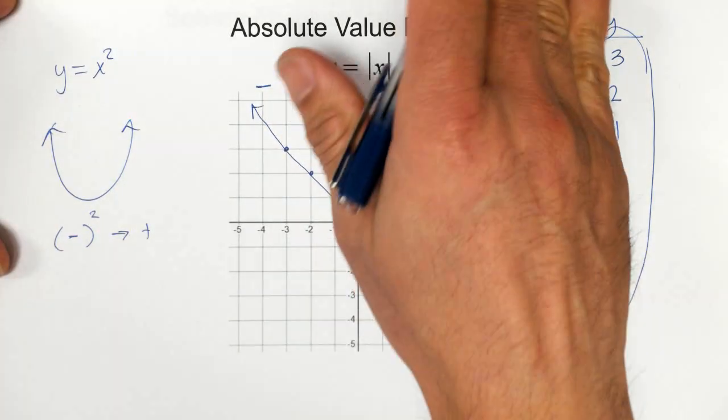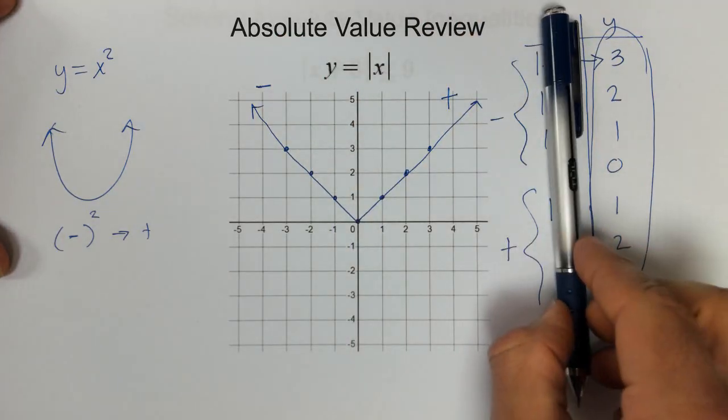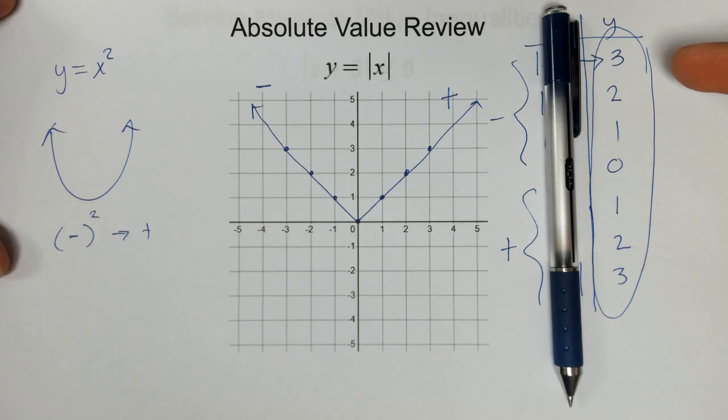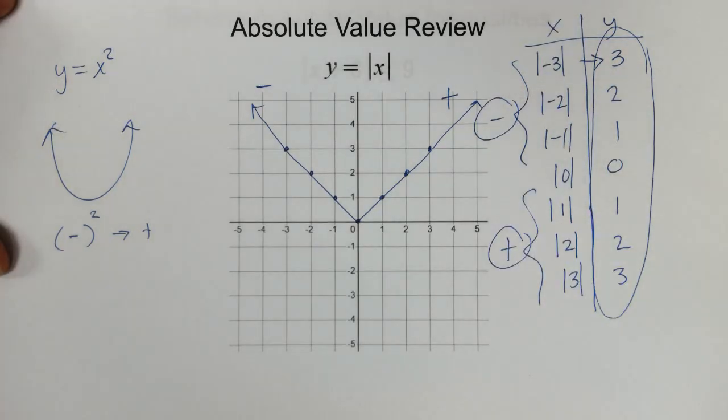Looking at that alone, we can't tell whether the value was originally negative or positive. We just know that a negative or a positive can create this outcome. And as long as we account for the fact that there are two possibilities, we're going to be able to solve the problems just like that. So let's try some examples.